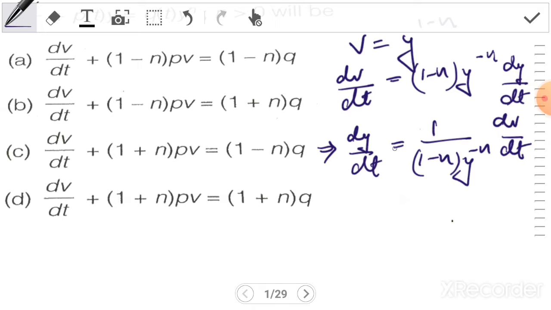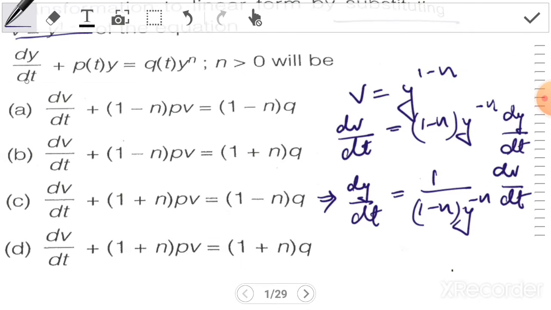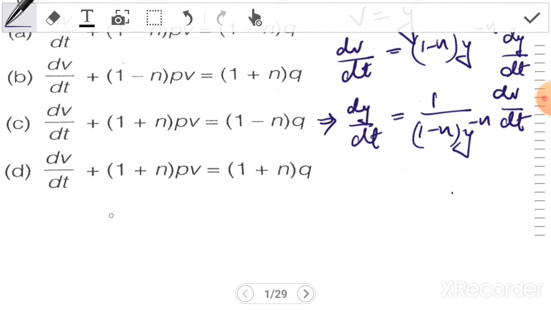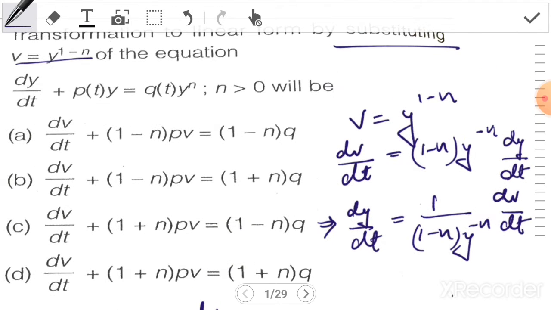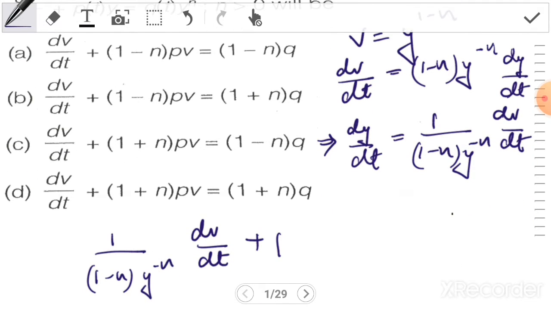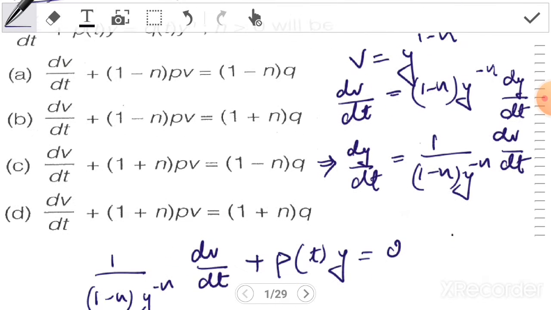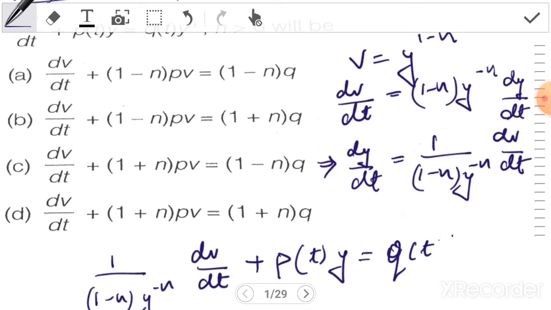Now substituting in the given differential equation, we substitute dy by dt as 1 by 1 minus n y power minus n dv by dt, plus p of t y is equal to q of t y power n.